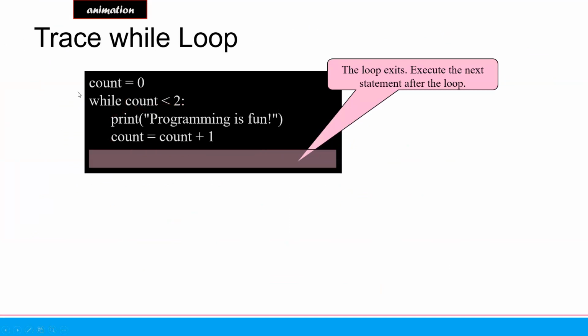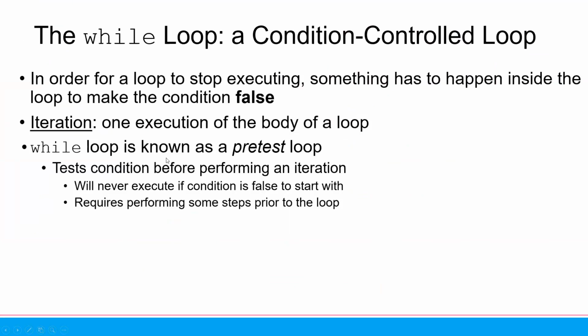This we call a pre-test: test the condition before performing an iteration. It will never execute if the condition is false to start with. And it requires performing some step prior to the loop.